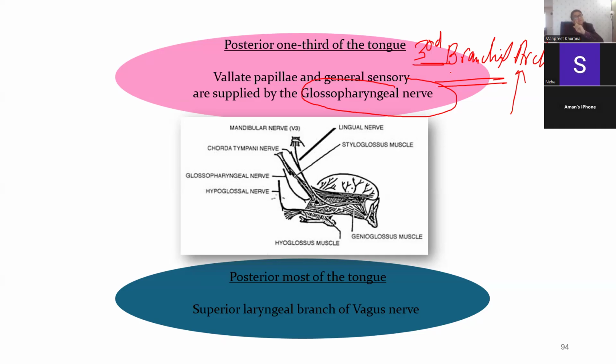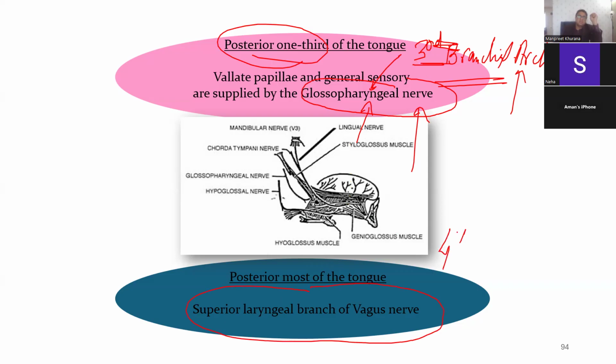So the nerve associated with the third branchial arch should be glossopharyngeal. Are you getting my point? Right? So the sensory nerve associated with the posterior one-third of the tongue is the glossopharyngeal nerve. Now, the posterior-most part of the tongue should be supplied by the superior laryngeal nerve. Why? Because it is derived from the fourth arch. Very nice.